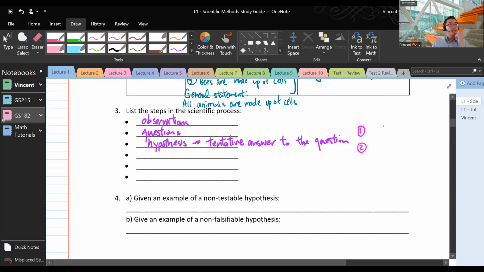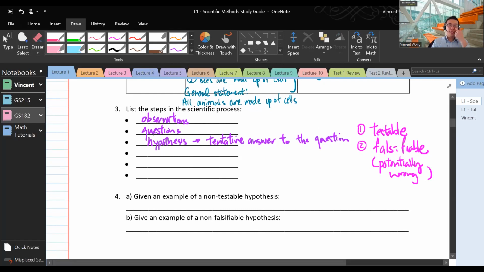Okay, Patricia said it has to be testable. That means you can run an experiment to test it, and it must be potentially wrong, so falsifiable. Okay, potentially wrong.